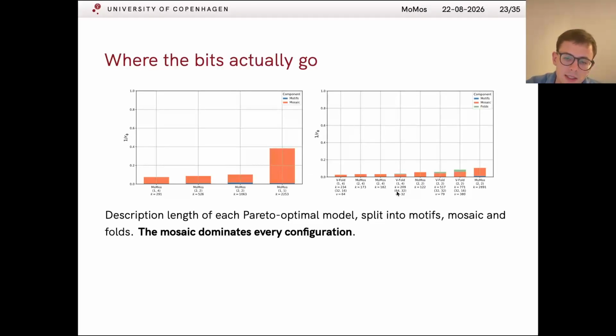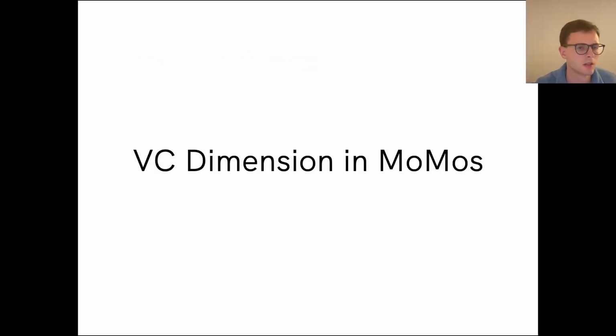For example, we saw before that the motifs are very concentrated, so some Huffman encoding can be very useful. Regarding the VC dimension of MoMos, we have this idea that a bigger model implies better performance, but it's quite hard to formalize it in proper terms.